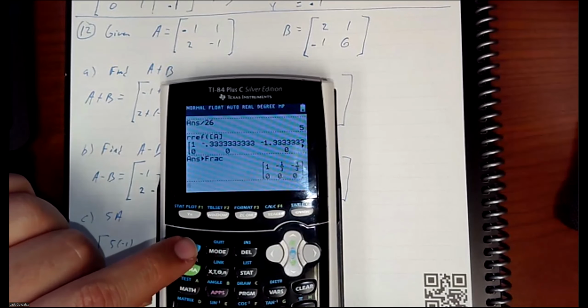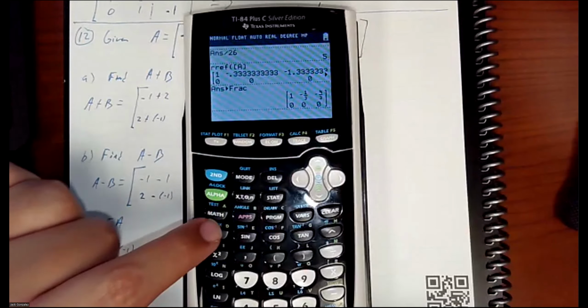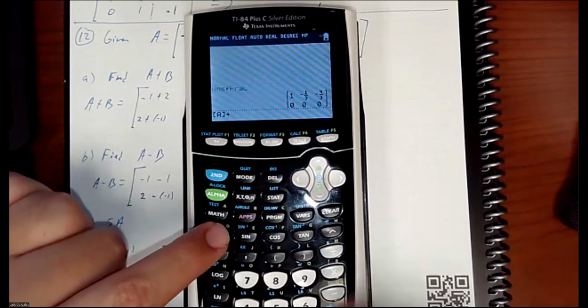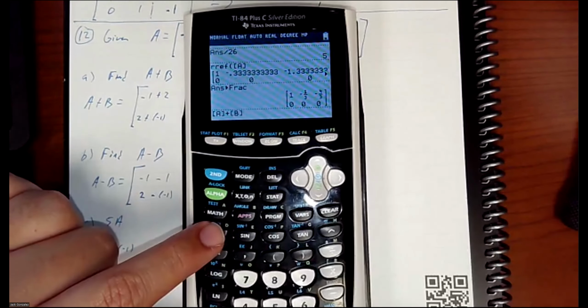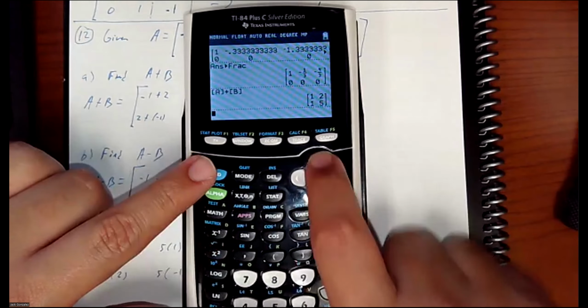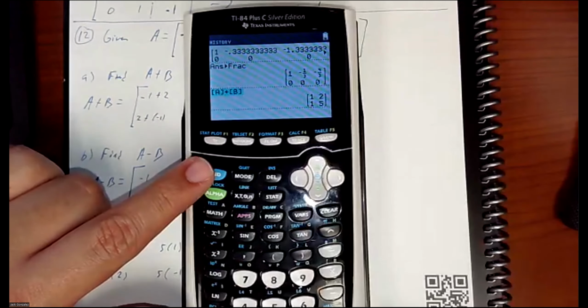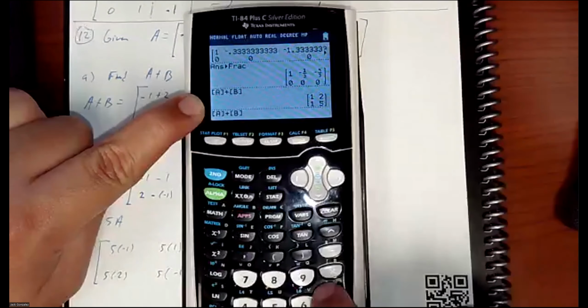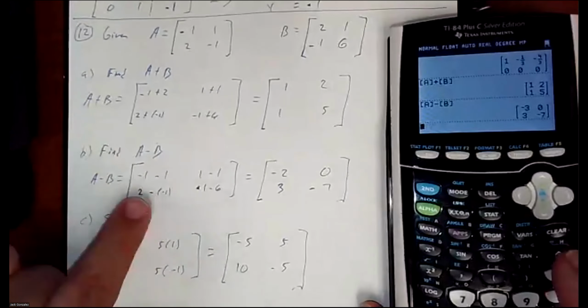Once A and B are defined, go in there, choose the A, plus, go back in there, choose the B, there's A plus B. Then do it again, or depending on your calculator, you could just copy that and put a minus. And that's what we got, I think.